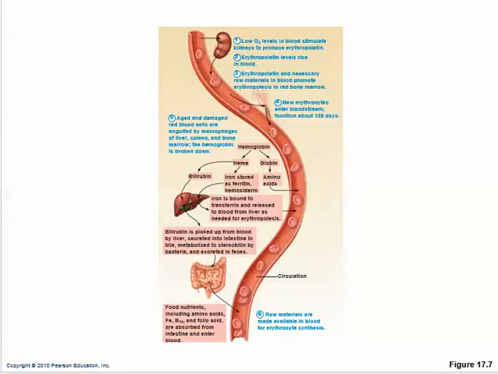So this just becomes kind of a chart outlining all of this. When we get to the spleen, the hemoglobin gets broken into the heme and the globin, and the globin turns into amino acids, which are secreted back in and used elsewhere.